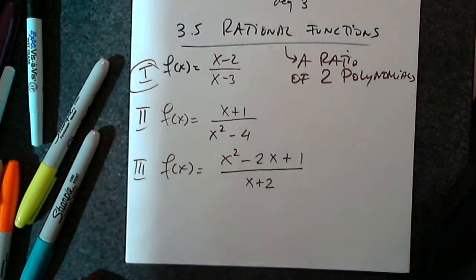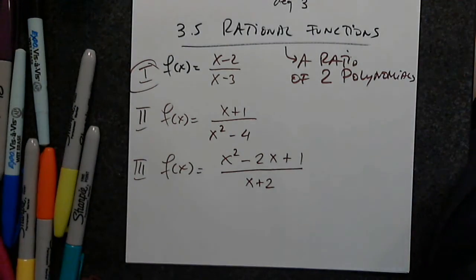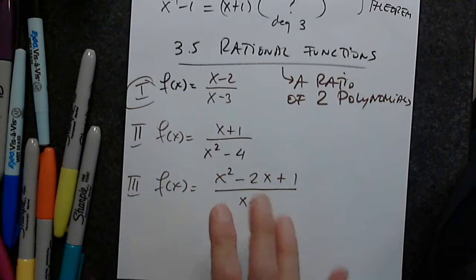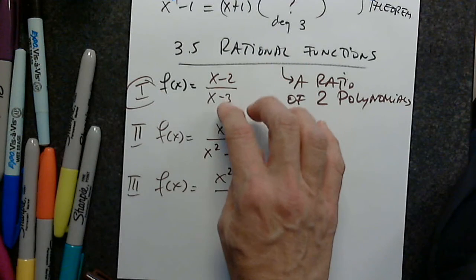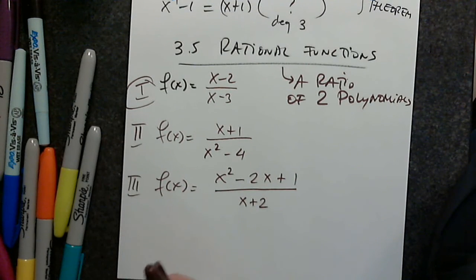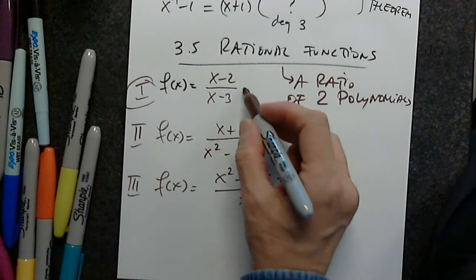How did I come up with these three? What's different here? So what do we notice about type 1? They can have degree 2 for both, or 4 for both, right? So the key is same degree. Very good.